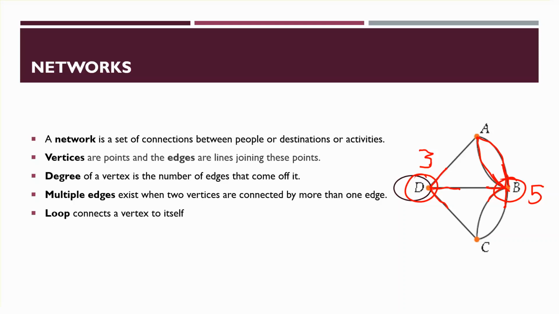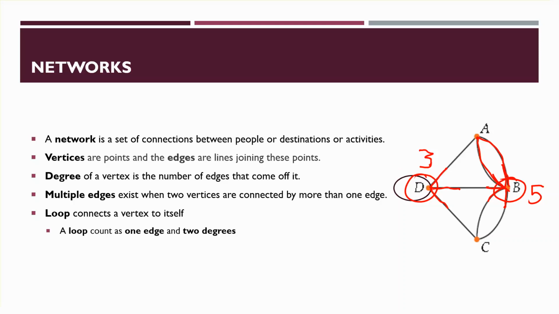Loop. Now, you might have just seen that come up there. There wasn't actually a loop in this network. However, I've drawn one there which is in black around the vertex D. A loop connects to itself, and you'll see a few more of them throughout this topic.